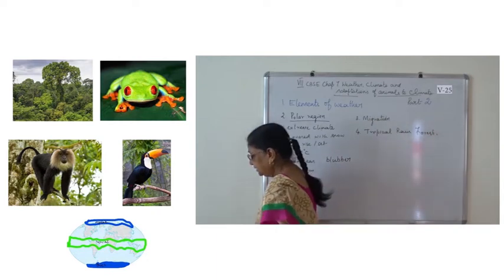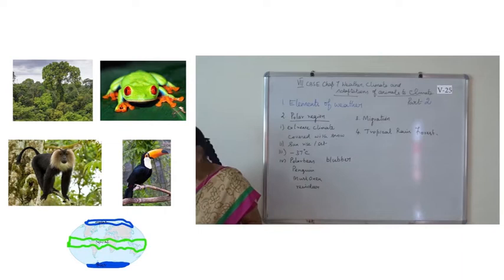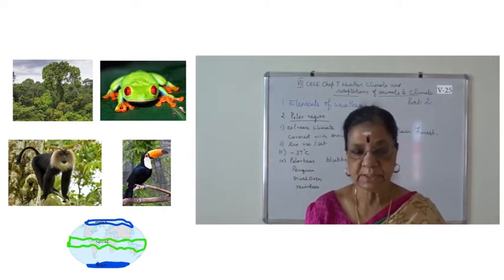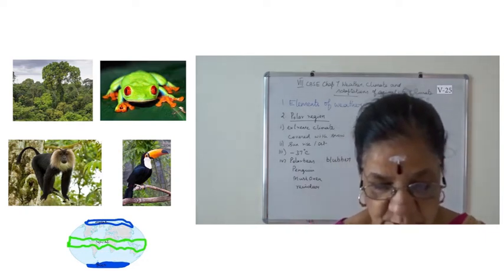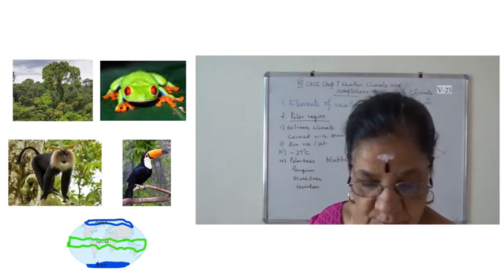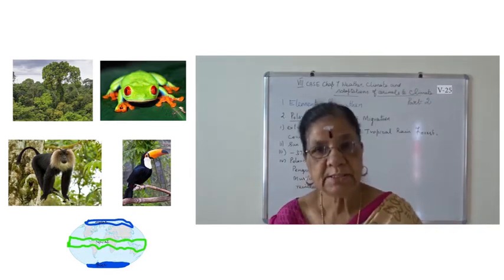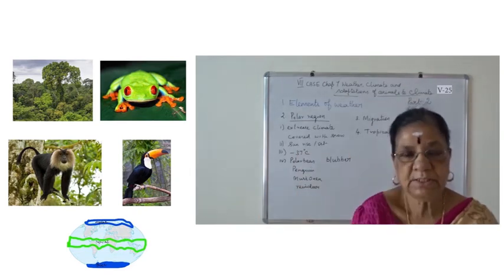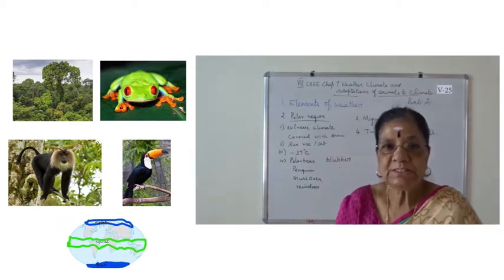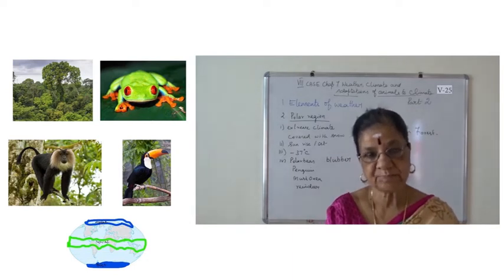Now this tropical rainforest, what are the adaptations? It has generally hot climate. Tropical rainforest usually has a hot climate because of its location around the equator, in the middle of the globe.